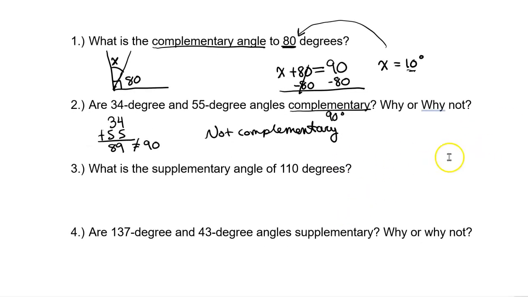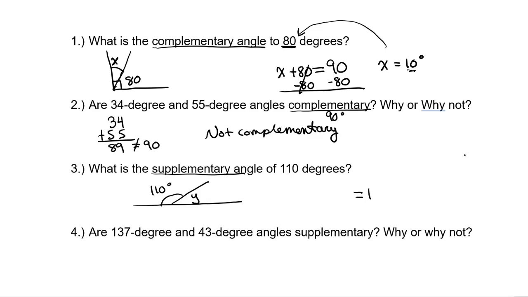So we're going to do a similar thing, but this time with a supplementary angle, right? So again, the key word is supplementary. That means that we're dealing with two angles that add up to 180 degrees. I'm going to say that this equals my 110. Then I have some angle that I don't know. As usual with variables, you can use whatever, right? It's just a value we don't know. I'm sticking with x and y to be consistent, but you could use anything. It does not matter.